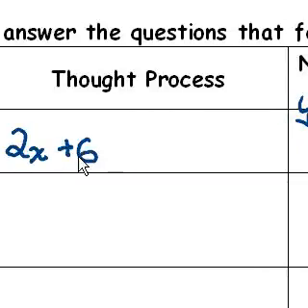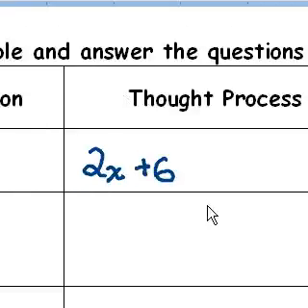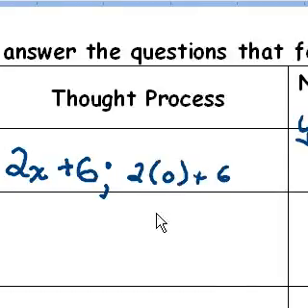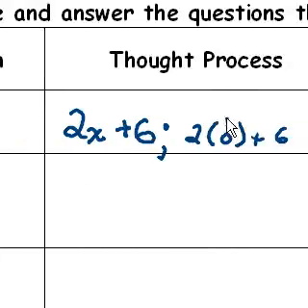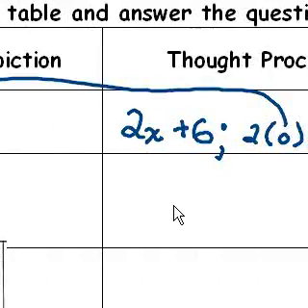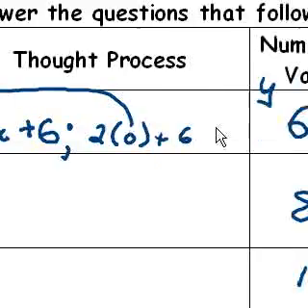That's our constant. So really what we did here was 2 times 0 plus 6. And this 0 I got from this 0 right here. And so does that equal 6?